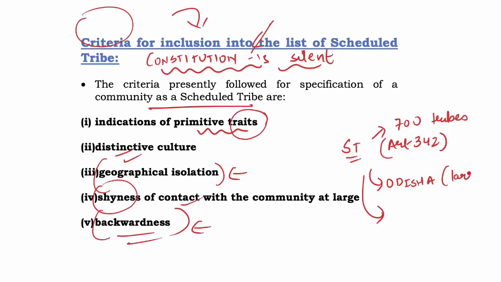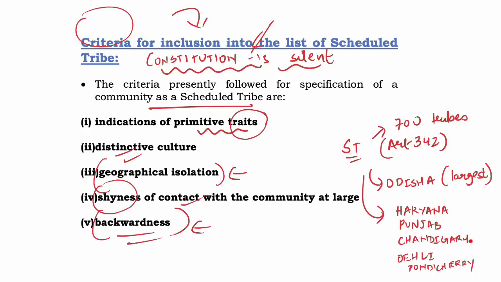Another thing to understand apart from the largest existence in Odisha is that the scheduled tribes are not present in the states of Haryana and Punjab, and the UTs of Chandigarh, Delhi, and Pondicherry. So this was all regarding the constitutional provision of scheduled tribes, the criteria for their inclusion, and some of the other facts related to the scheduled tribe communities in India.